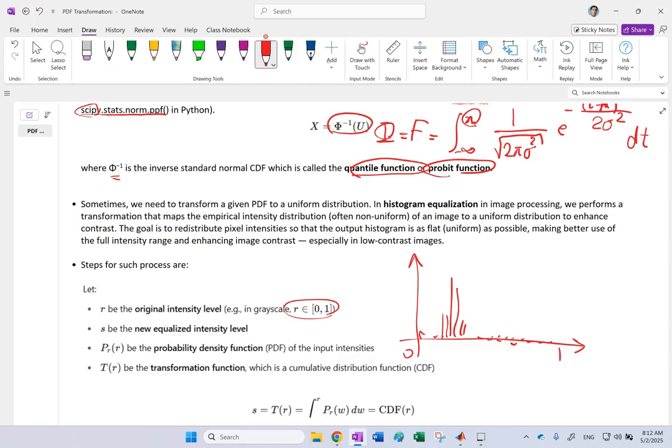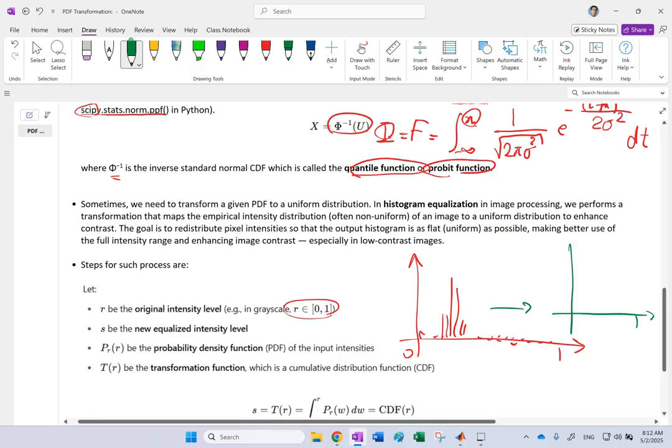This is what we call a low contrast image. Your pixels are only around some specific shades of gray and not all over the place. If you want a high contrast image, you have to change this to a histogram where, between 0 and 1, you have an almost equal distribution of light intensities.